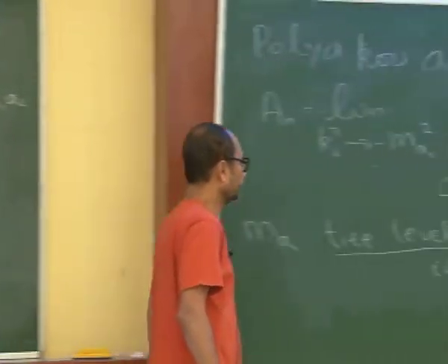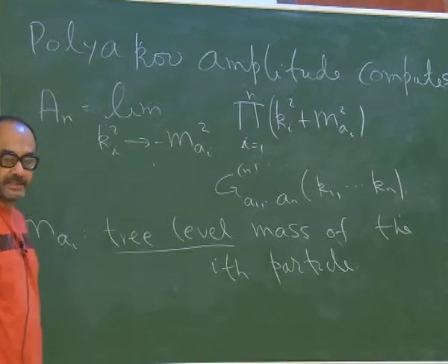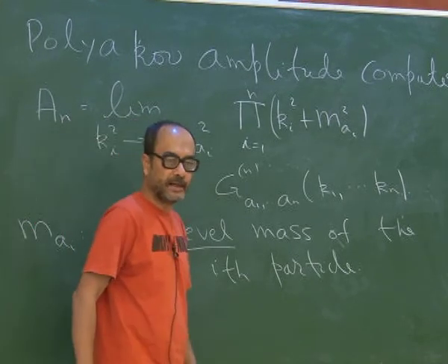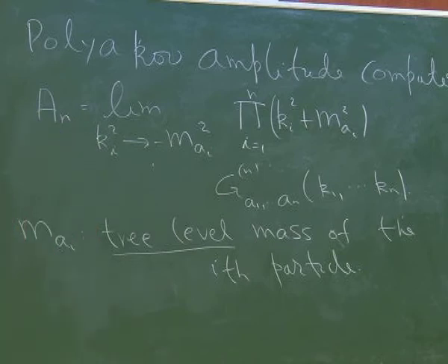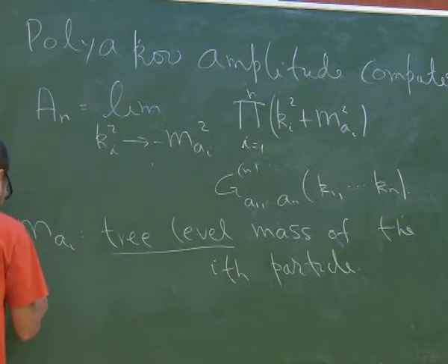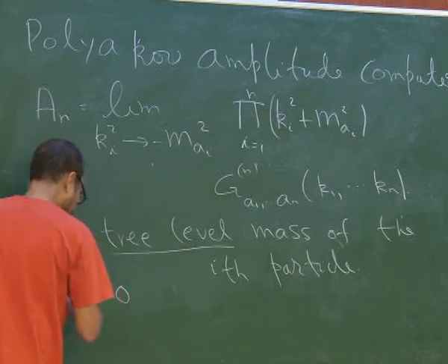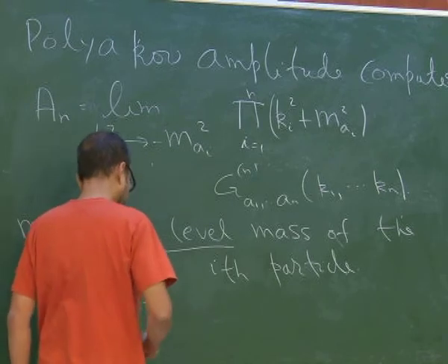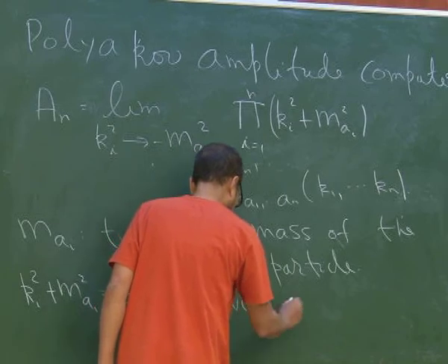Now, how do you know that the Polyakov amplitude computes this? Why is it that it takes a limit k_i^2 going to minus the tree level mass squared rather than the fully normalized mass squared? The easy way to see this is that this limit, the fact that k_i^2 plus m_ai^2 equals 0, essentially translates to V_i having conformal weight 0.